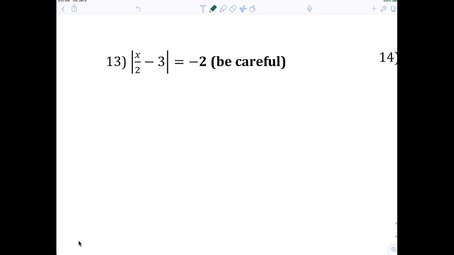It's 2. Wrong. What is it? I'm listening. Isn't that not possible? Wow. Brilliant. Why do you think it's not possible? Because the absolute value can't be negative.